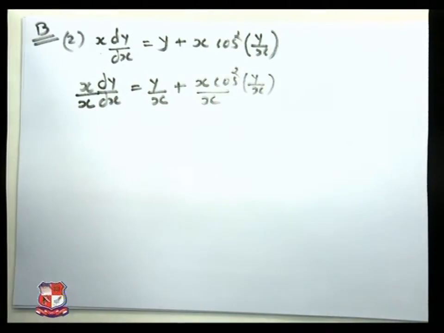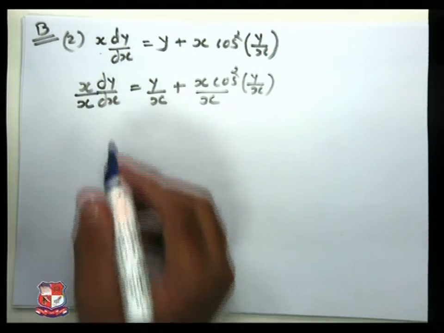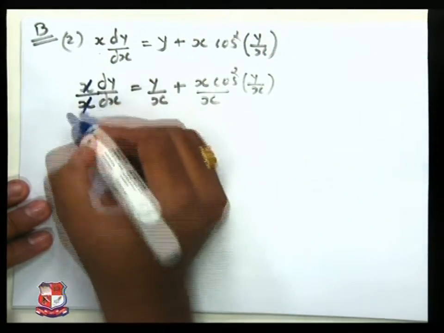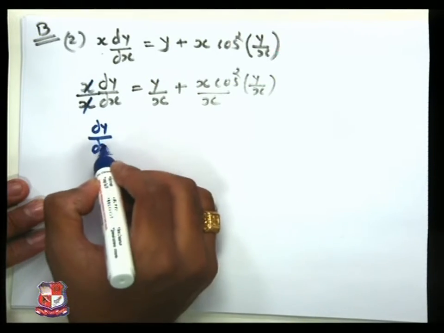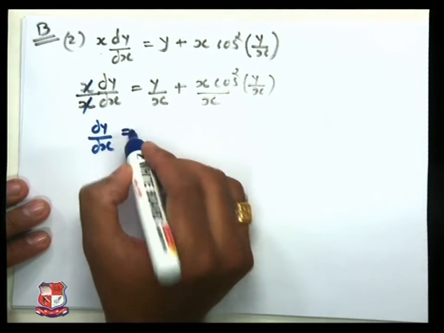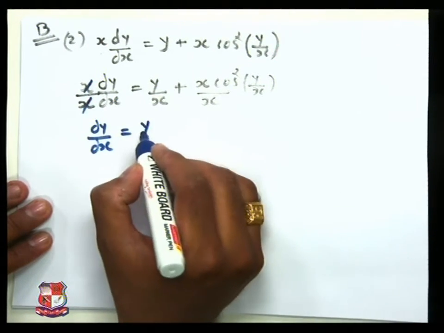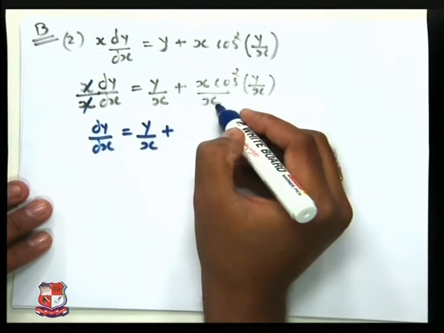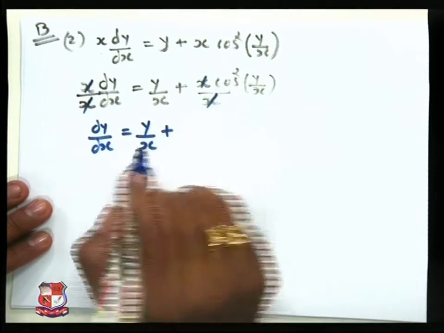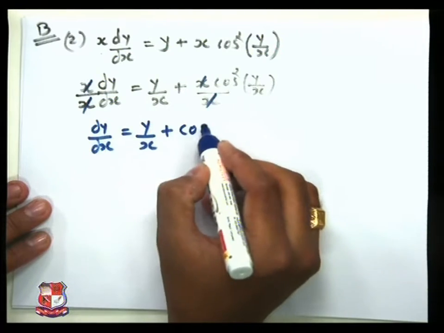So now we simplify this equation. Here x and x both cancel out, so dy by dx is equal to y by x as it is, plus again x and x cancel out, so only cos square y by x.